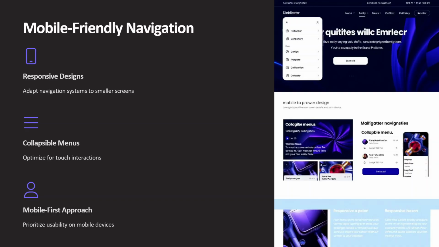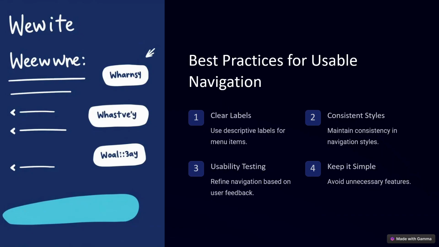Collapsible menus optimize for touch interactions, and it should prioritize usability on mobile devices.